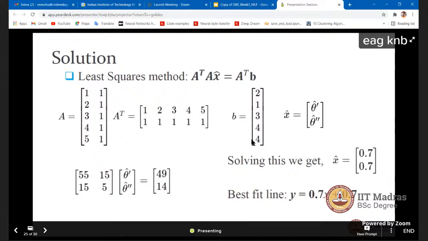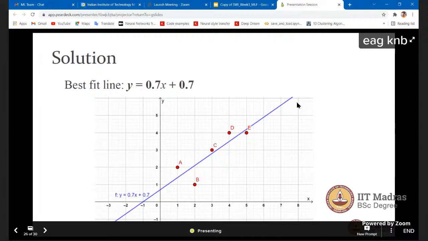If you want a quadratic curve, it is ax square plus bx plus c. You will have 3 values. For a quadratic equation, you get a polynomial kind of curve instead of a straight line. So instead of a straight line, you will have a curve for the curve fitting.